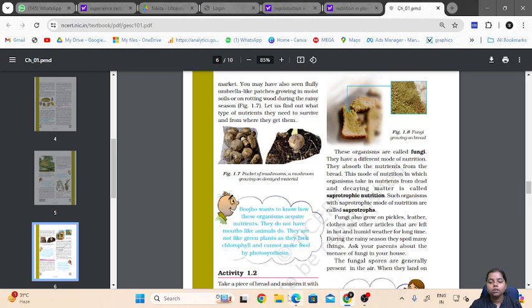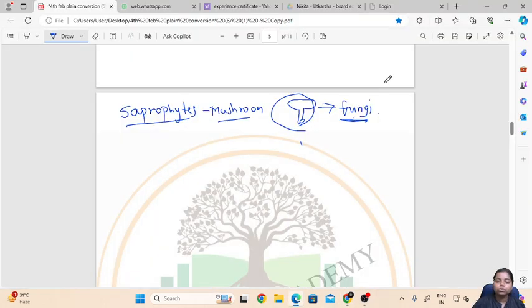These are the mushrooms, and they are called fungi. They have a very different mode of nutrition. They derive nutrition from dead and decaying organisms. Dead means already dead, not living, and decay means the substance that undergoes decomposition.